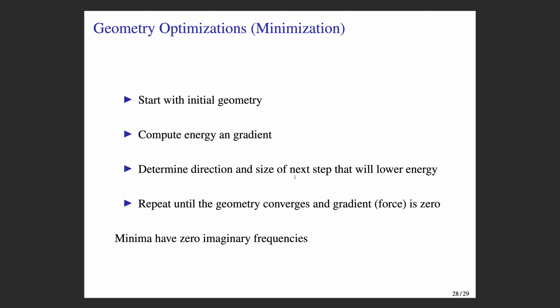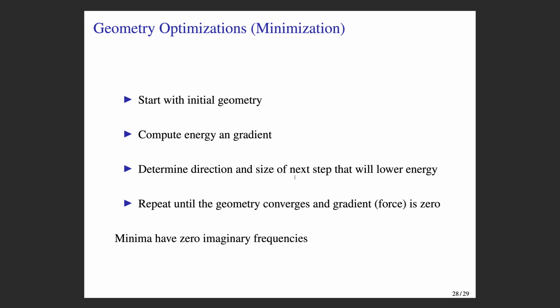And the point is to take you from the geometry that you started with to a geometry that will have a lower energy. And then at that lower energy, you'll calculate the energy and the gradient at that new geometry. You'll determine your next step that will lower the energy.